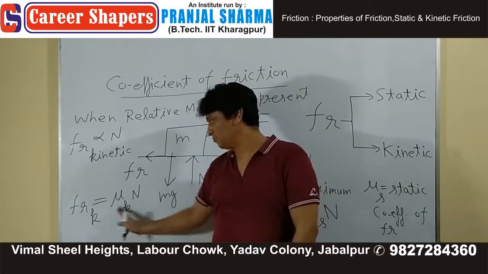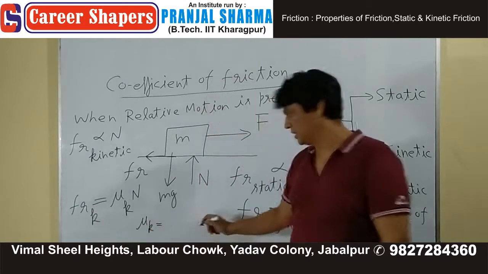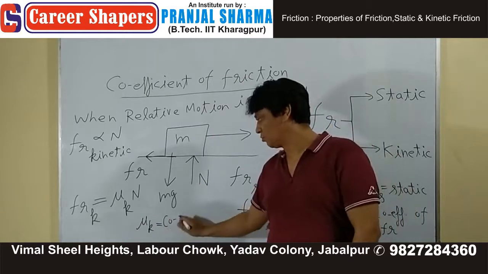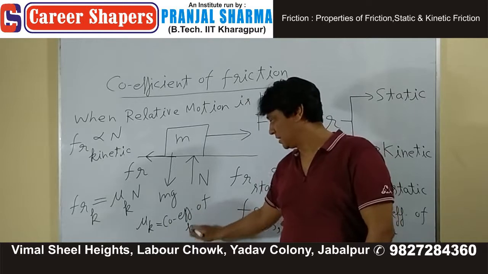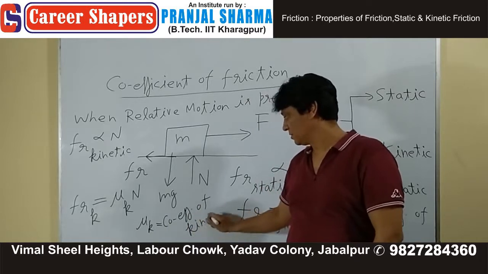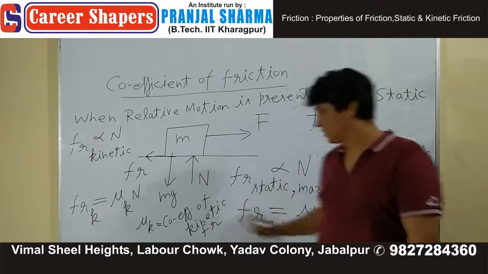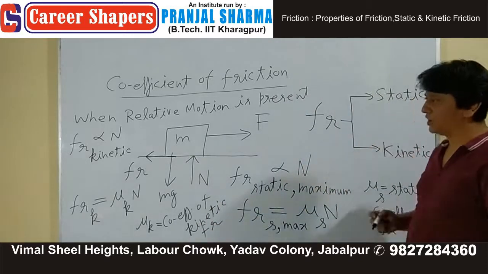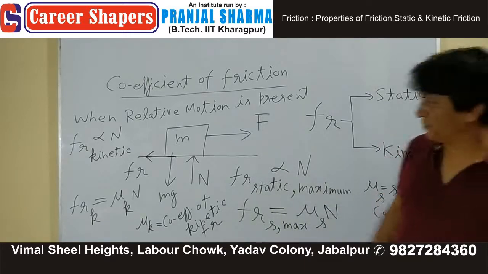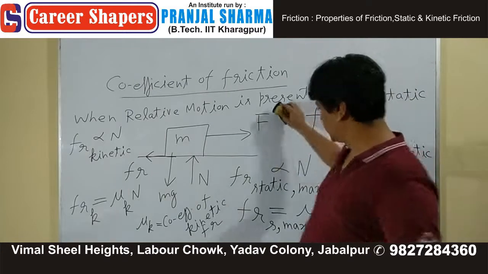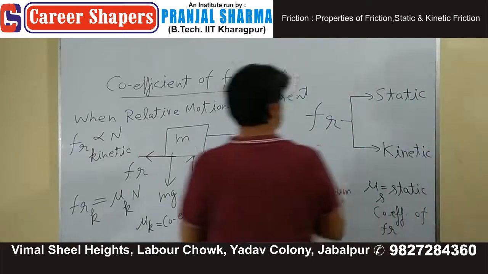Is found mu k n, and mu k you can simply write is coefficient of kinetic friction. This is coefficient of kinetic friction, and note down this, and the statement last line I said was this.